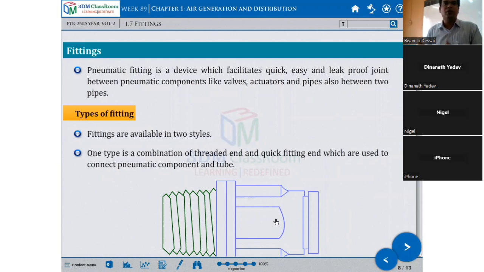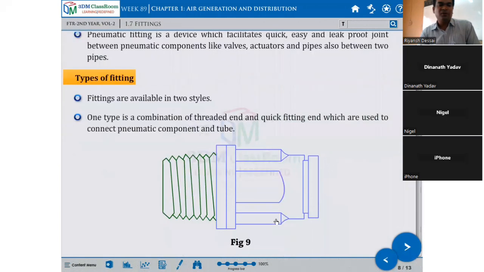For example, piping fittings: the elbow, elbow 45 to 90 degree, T, cross, reducer, cap. So here also we require some pneumatic fittings which have to be used.